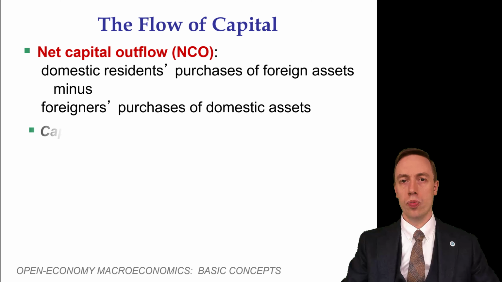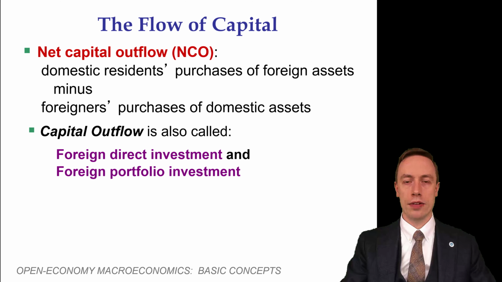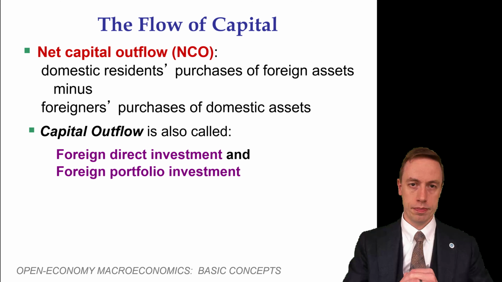More often, we'll use the more business-minded terms foreign direct investment and foreign portfolio investment. But now we have to be a little bit more careful. When we look at product flows, positive net exports and a trade surplus, negative net exports and a trade deficit map very closely to each other.